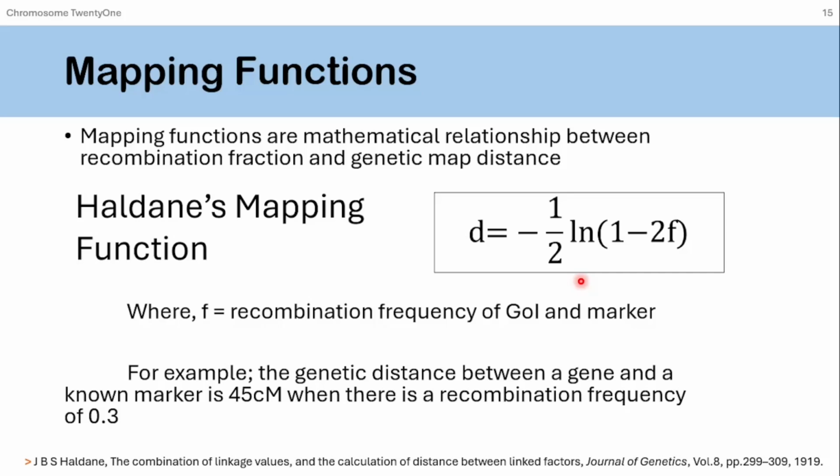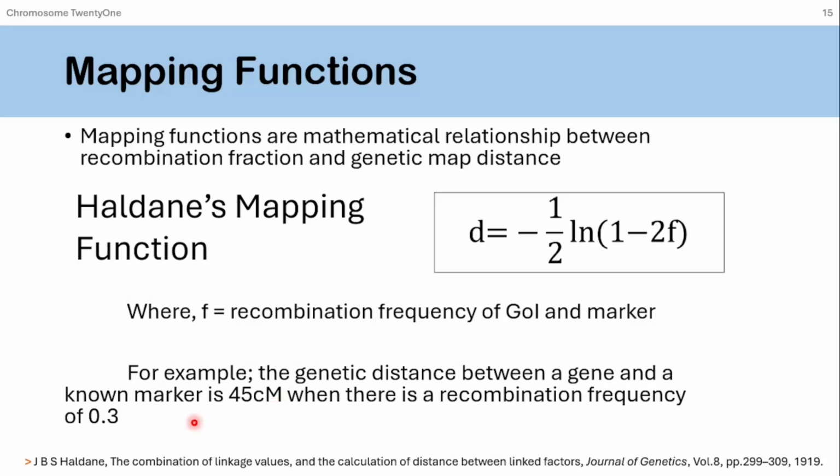So 11 centimorgan doesn't exactly translate into 11% of recombination frequency, but somewhat less than that. And when you do it in a graphical plot, you find a logarithmic relation. So you can see that 45 centimorgan will be translated into 30% of recombination frequency and not exactly 45%.